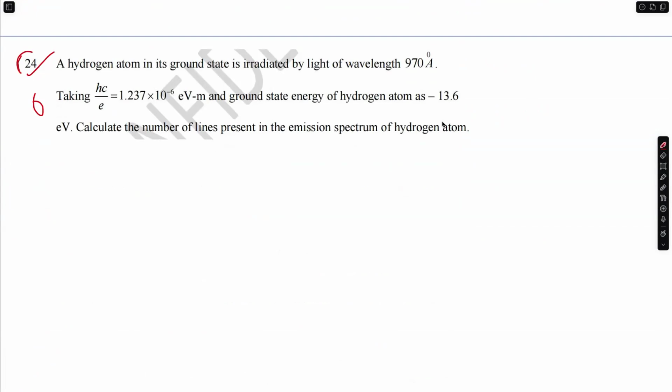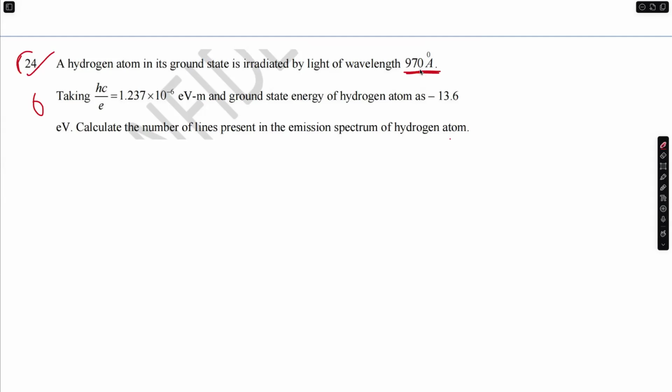Hydrogen atom in its ground state is irradiated by light of wavelength 970 angstroms. Calculate the number of lines present in the emission spectrum of hydrogen atom.